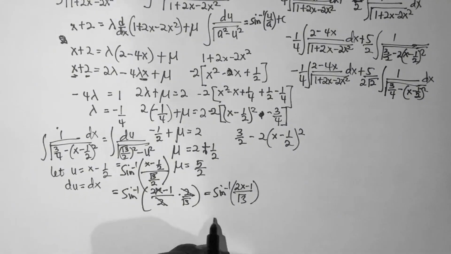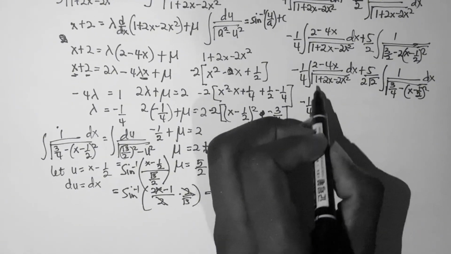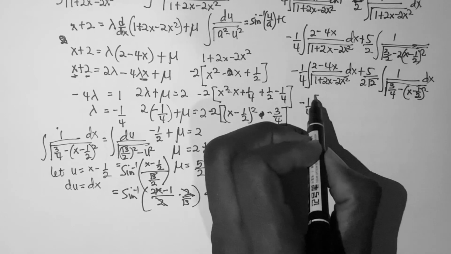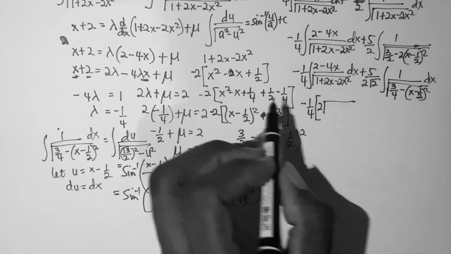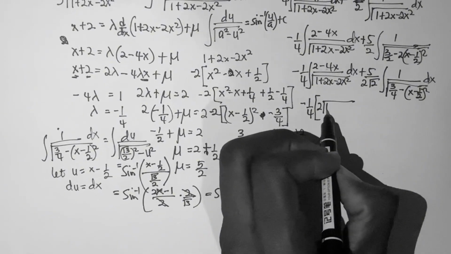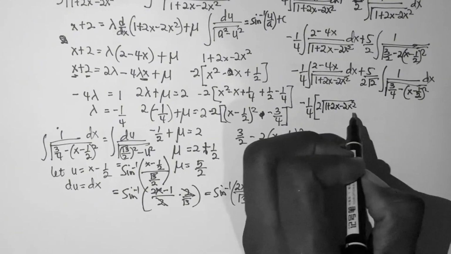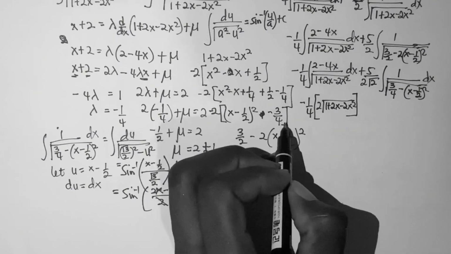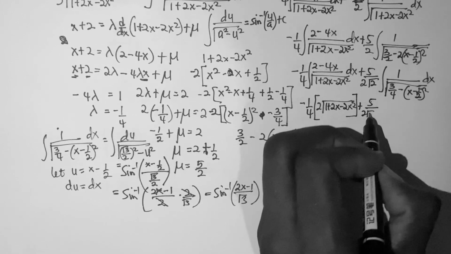So what it means is that this integral becomes minus 1 over 4. Then if you integrate all of this, you get 2. Remember we said it is 2 times the square root of the denominator, which is 1 plus 2x minus 2x squared. So we are done with that part. Then plus 5 over 2 root 2.